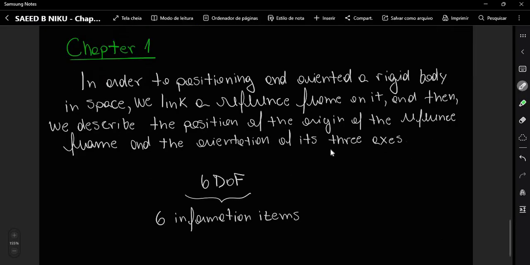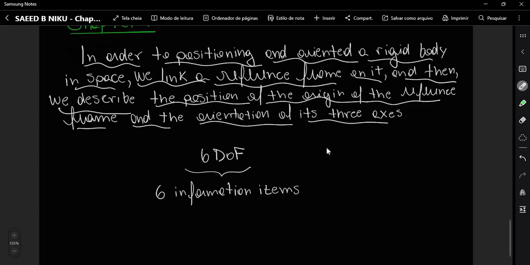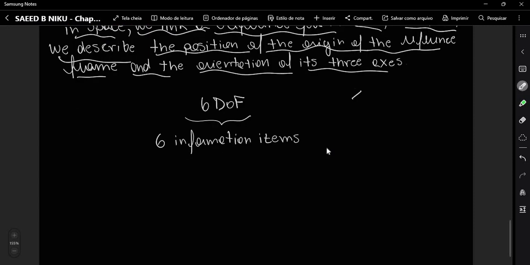We have to remember from chapter 1 that in order to position and orient a rigid body in space, we attach a reference frame to it, and then we describe the position of the origin of the reference frame and the rotation of its three axes, which are x, y, z.